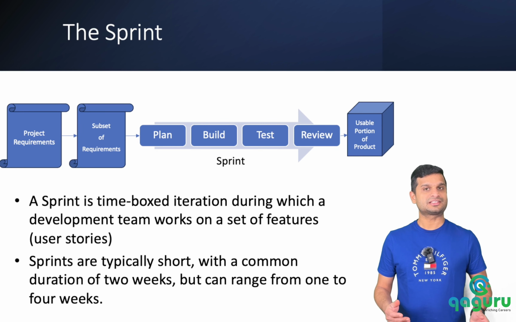You take a subset of them and work on it in a sprint. So you plan what you work on, build the requirements, test them, and finally review them with all the stakeholders. The team produces a usable portion of the product at the end of each sprint. By adding features incrementally after each sprint, the overall software application gradually grows.